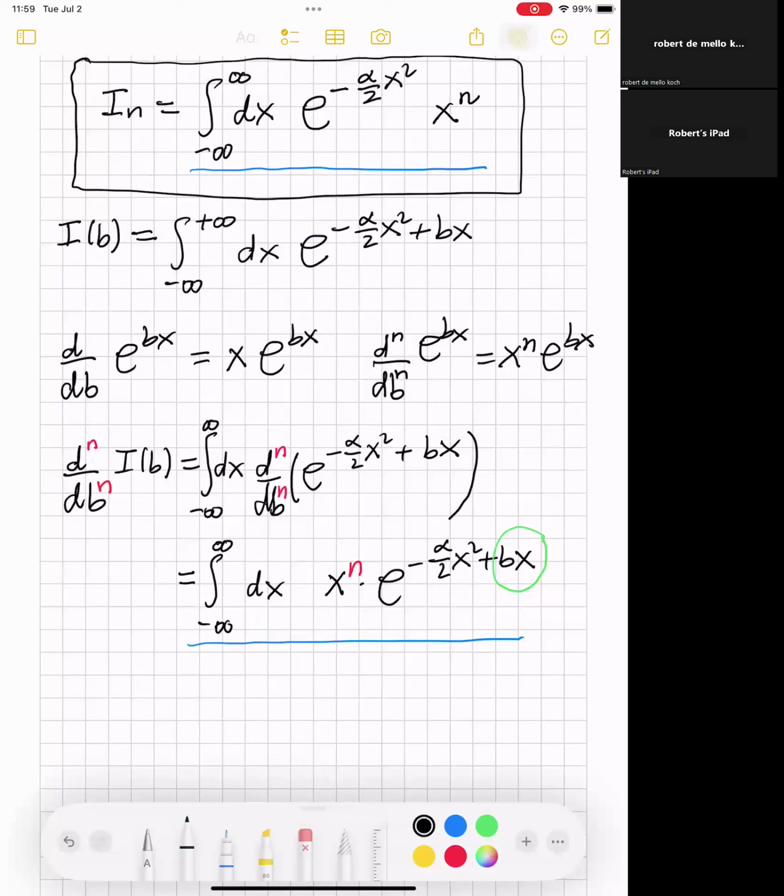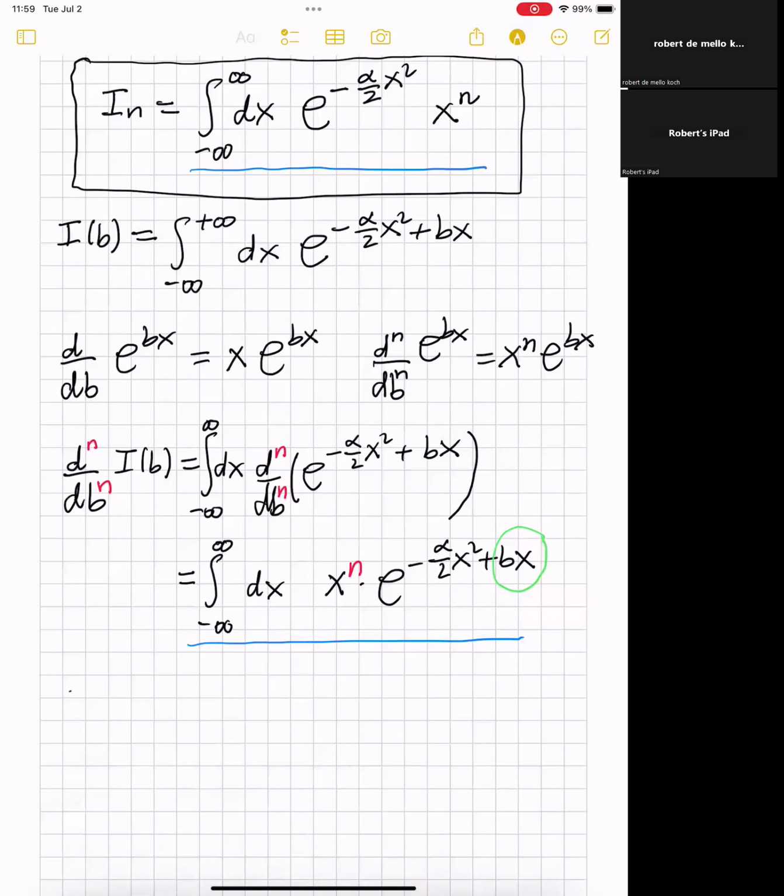So here's my claim. If we take n derivatives of I of b with respect to b, and then we set b equal to 0, what is that equal to? Well, we need to take this expression that we've just written above, which is the integral from minus infinity to infinity dx. We'll have x to the n, and then we'll have e to the minus alpha over 2 x squared.